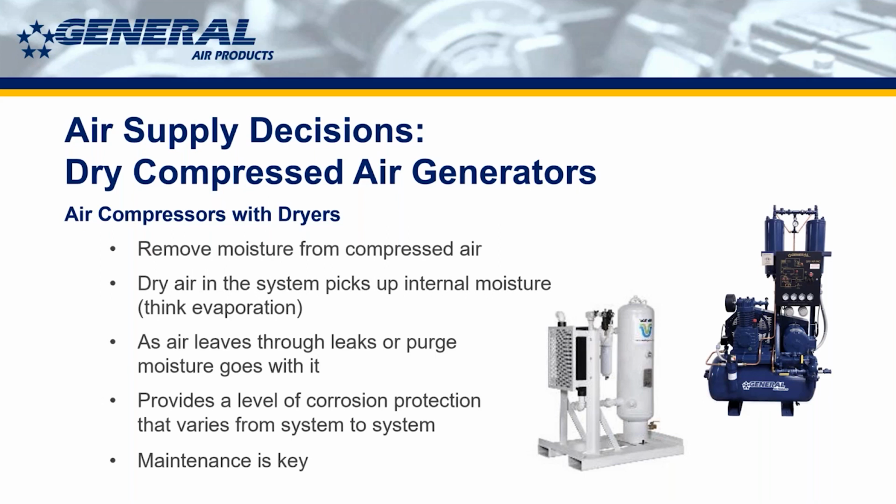So the whole point of that little desiccant bag is to reduce the moisture level. That's essentially what we're doing inside the piping system by putting dry air into it. We reduce and eliminate the amount of moisture in the air, thereby removing or reducing the possibility of corrosion, depending on site conditions.